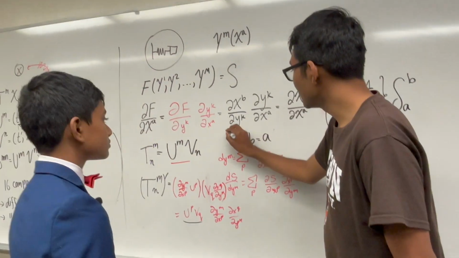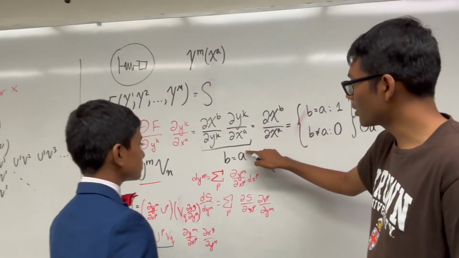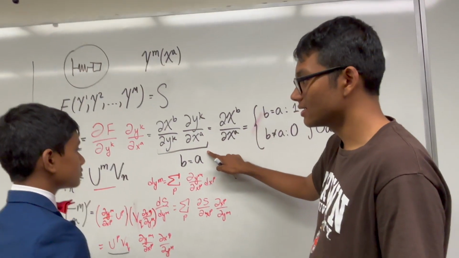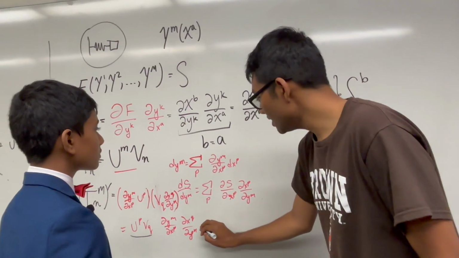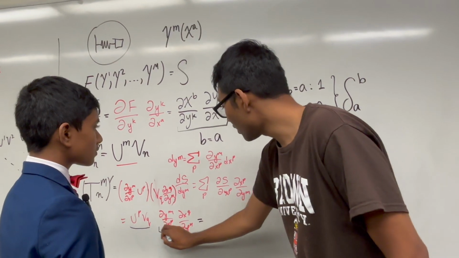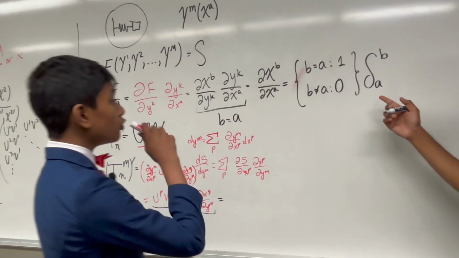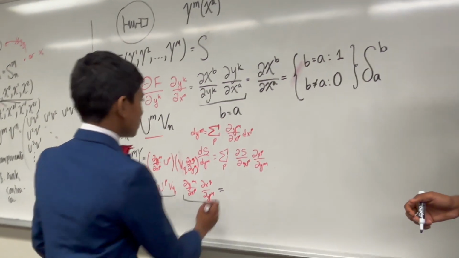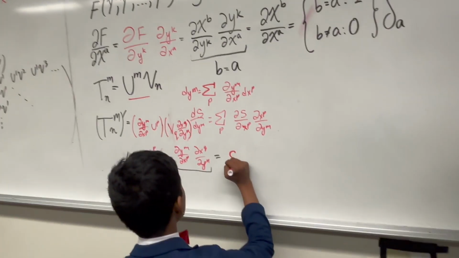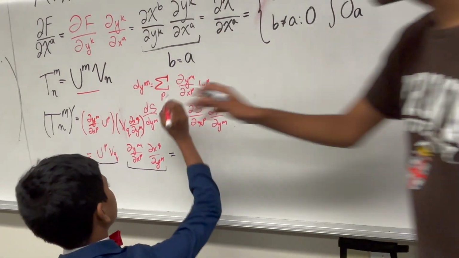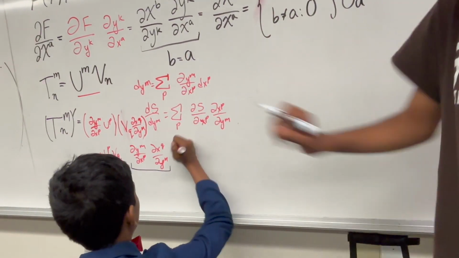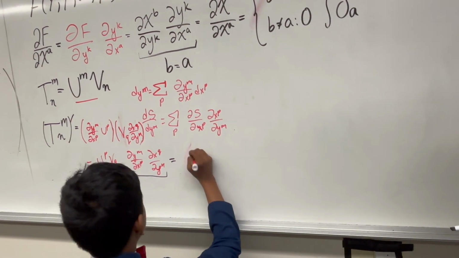This looks very familiar from what we did with the Kronecker delta, right? So I can replace all of this with what? This is separate, so make sure you keep that. Don't forget about that.